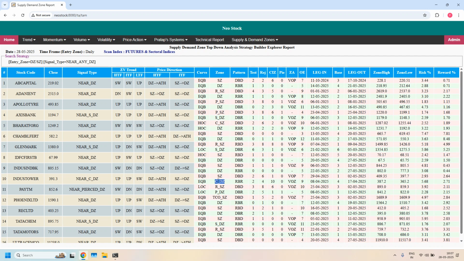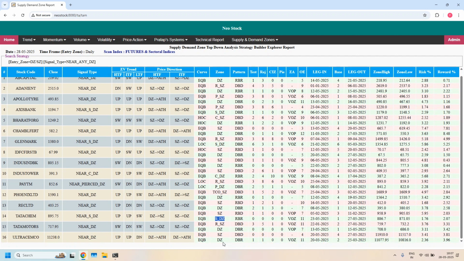Indus Tower is having a daily high liquidity demand zone. Tata Chemicals is having a daily high liquidity demand zone. So total we identified 4 daily high liquidity demand zones from this list.